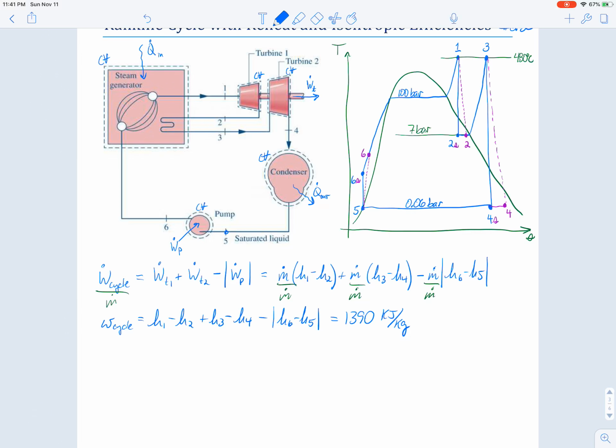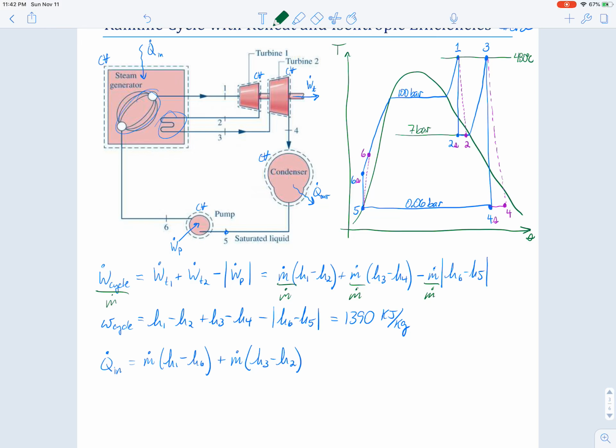Now what I have to pay for, that's going to be the total amount of heat transfer coming in. And we have to keep track of the two separate loops here. So that's going to look like mass flow rate times H1 minus H6. Okay, that's the rate of heat transfer to the fluid as it exits the pump and is heated before it enters the turbine. And then the reheat is going to look like the mass flow rate times H3 minus H2.